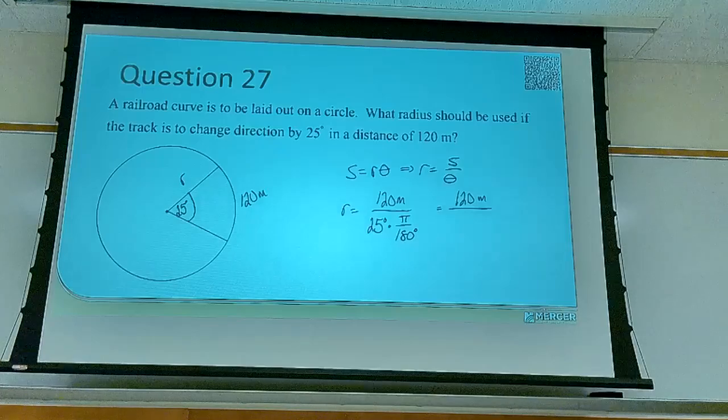I think we did that already, right? 36. Yes, but 120 and 5 are also going to have a common factor. So 120 divided by 5 is 24. 24 times 36 is going to be the answer, and then over pi.